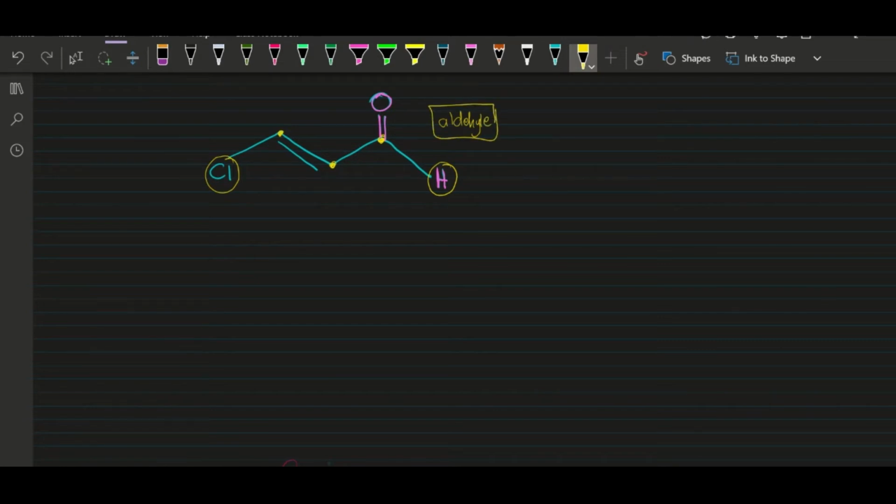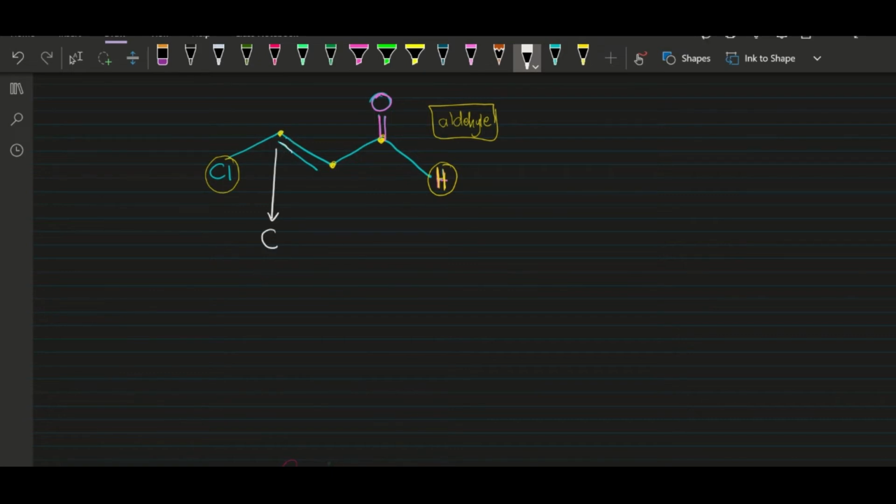Okay? All the time. For some reason, it's just going to be written that way no matter what. So let's write the formula for it. So like we said, this is going to be a carbon. We have our carbon.